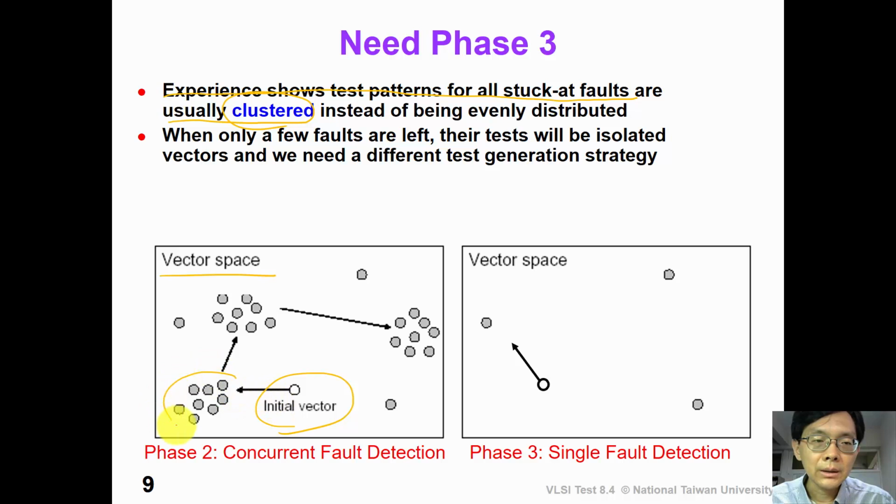We would find many similar test vectors in this region, and then we will move on to another region, and then we will move on to another region. After this test vector has been generated, we are now left with single test vectors which are located far away. This is why we need a single fault detection phase.